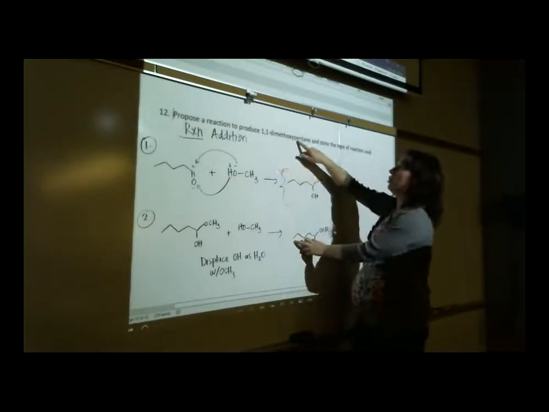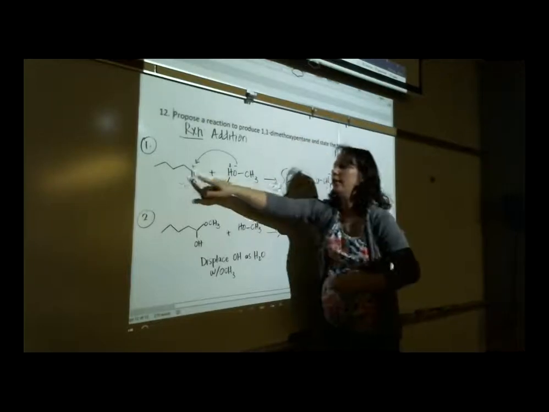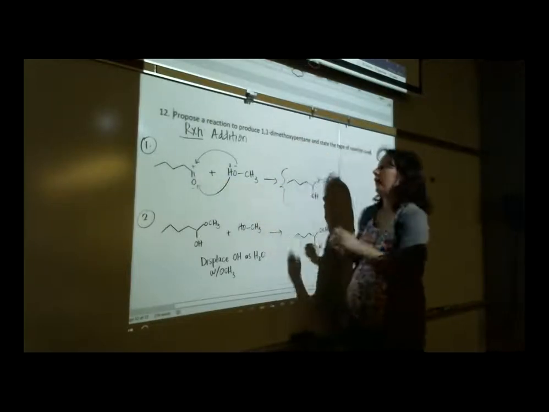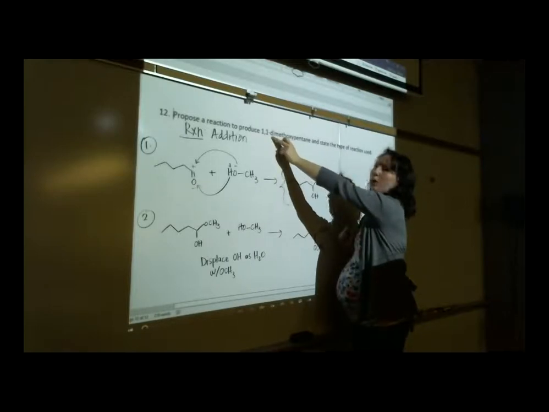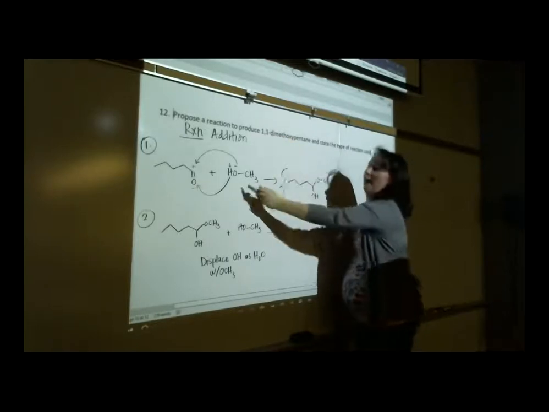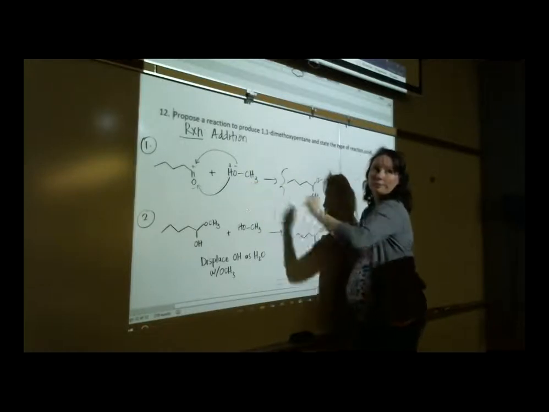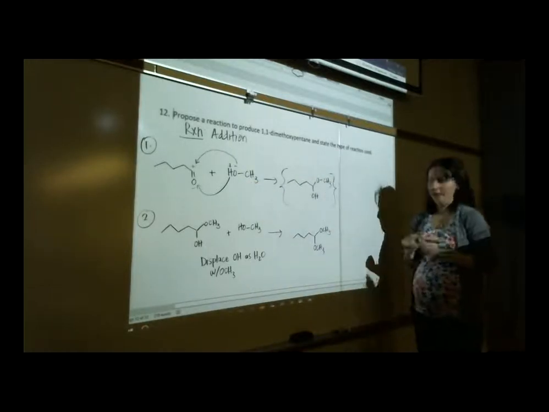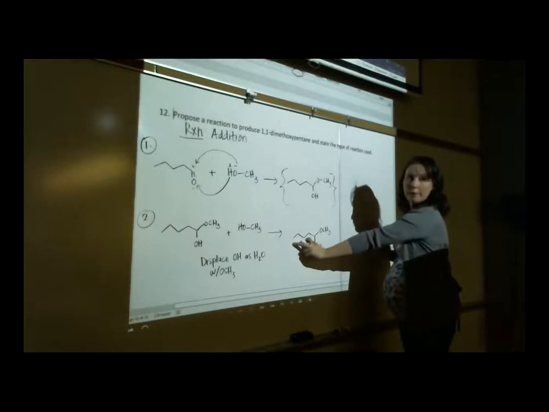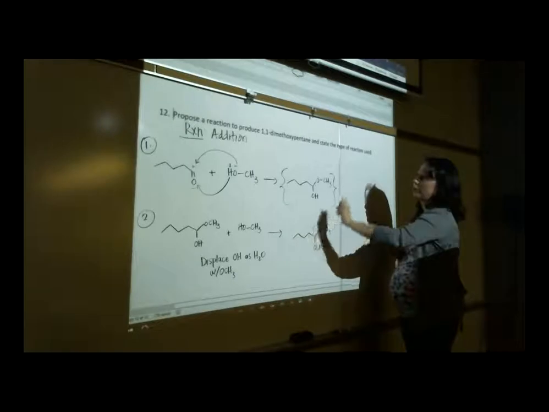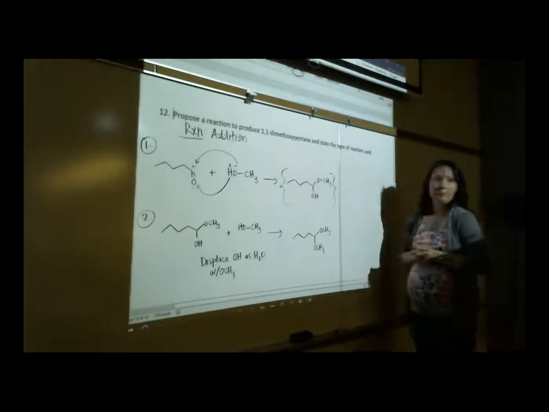Because whatever this chain is, that's the chain on the aldehyde. And whatever this is, methoxy, ethoxy, propoxy, butoxy, that's the chain on the alcohol. These are the 2 pieces that came from the alcohol. This is the piece that came from the aldehyde. So it's just coming from looking at the name. Does that make sense?